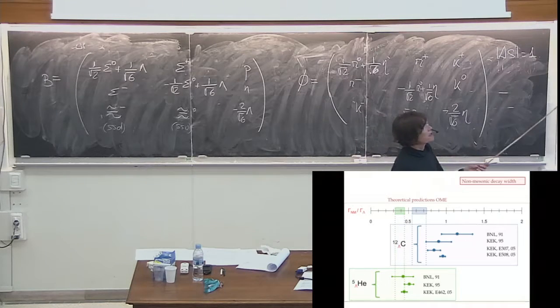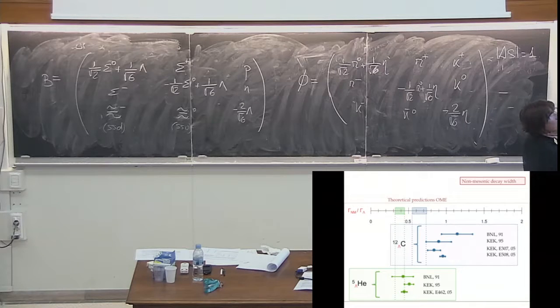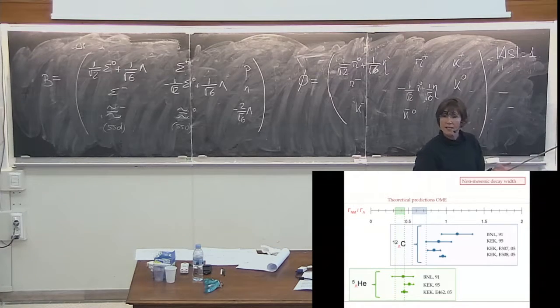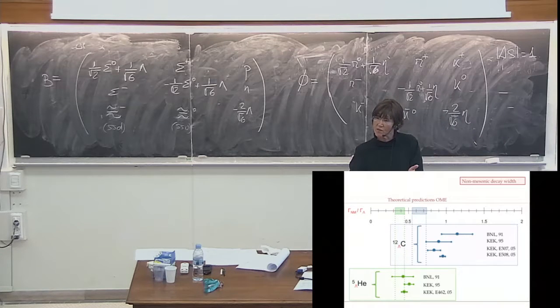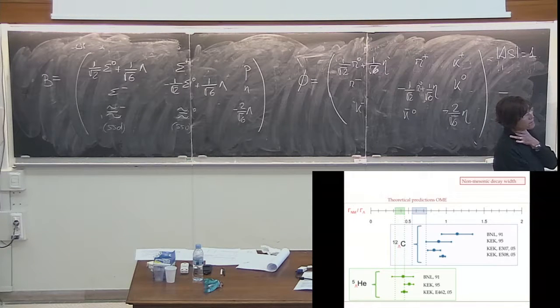Some numbers. I'm showing you here the results of the theoretical predictions for one-meson exchange models, including this set of pseudoscalars and this set of vector mesons for the weak interaction for two nucleons, for a p-shell nucleus and an s-shell nucleus, and those are experimental data obtained in different labs in different years for carbon and helium, okay?